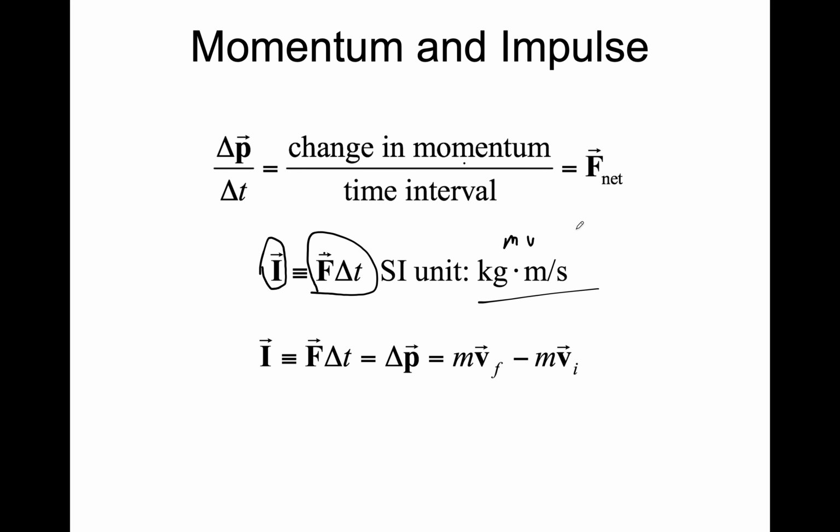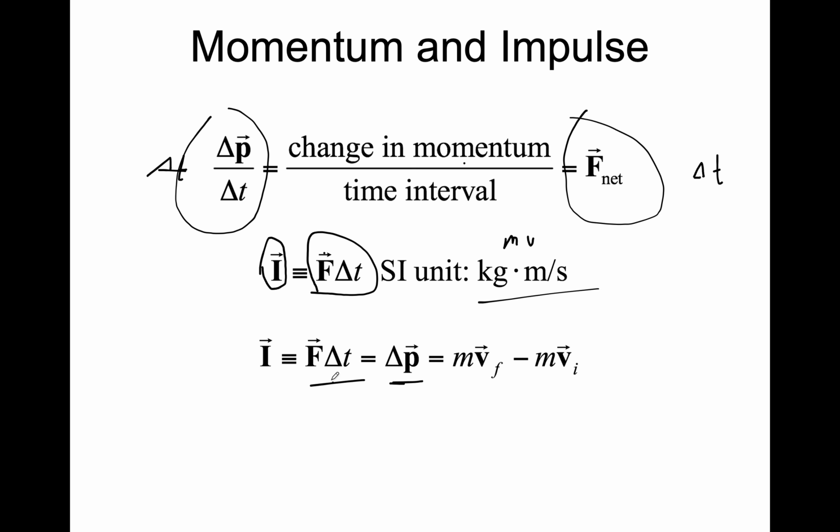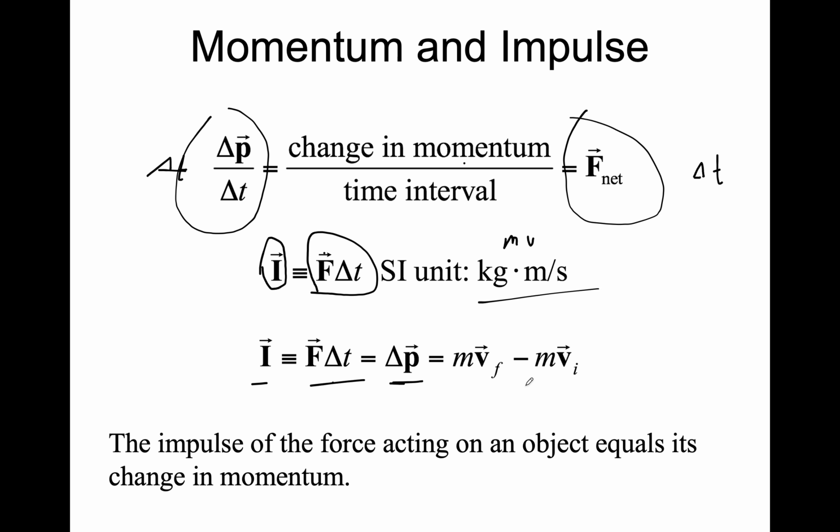Which is not surprising, because starting from the left-hand side and the right-hand side, if you multiply delta t on both sides, the left-hand side becomes delta p. Change of momentum delta p equals force times delta t, which equals impulse. So we arrive at a very important conclusion.